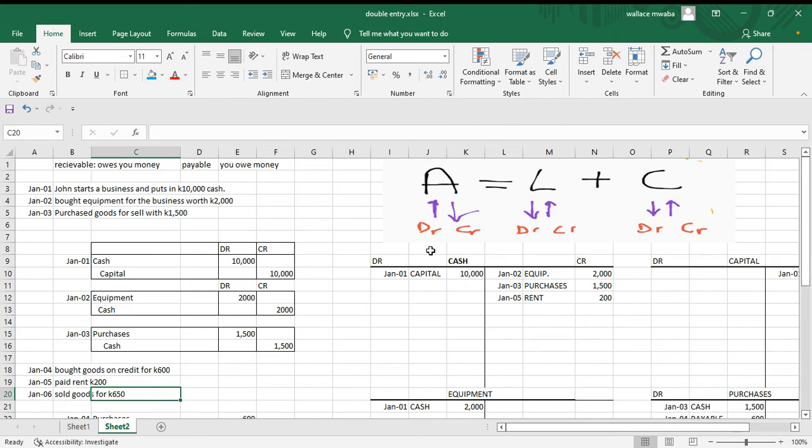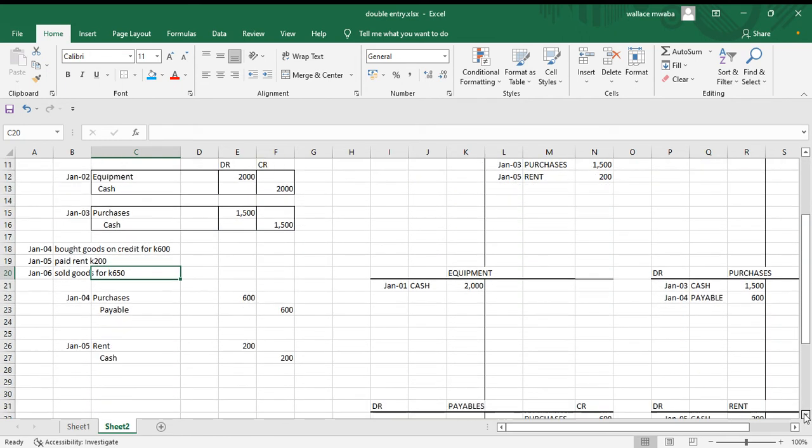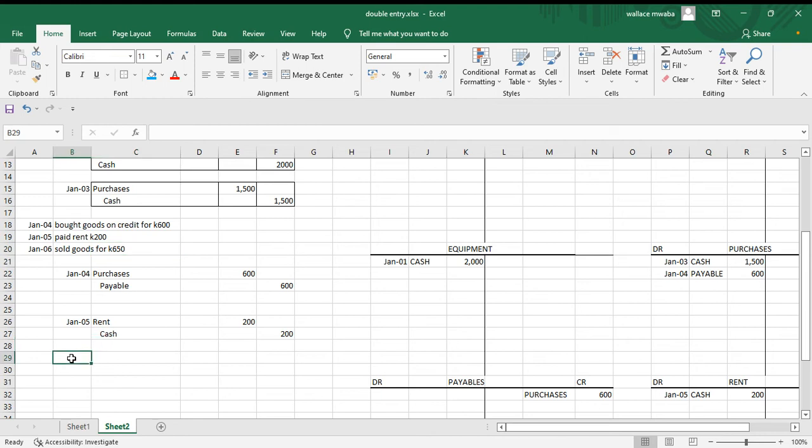And then since we're receiving cash, that's an increase in our cash, which is an asset, so we debit the cash account. So we're going to debit the cash account for 650, because this is an increase in our asset. And we'll credit sales revenue 650.